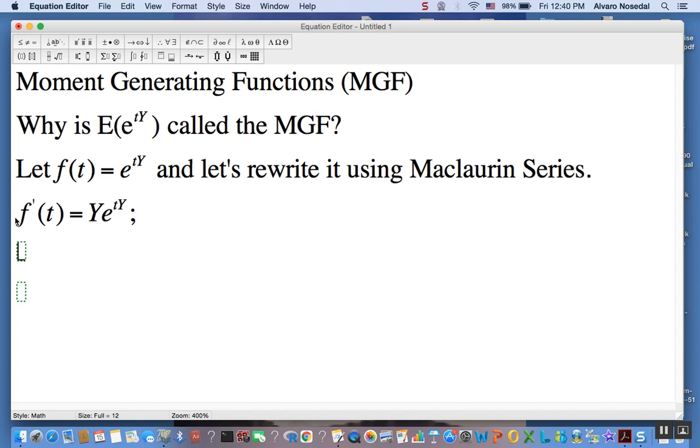Now let's find the second derivative. Second derivative, f double prime, would be this. y is just a constant with respect to t, so it's going to be the derivative of a constant times this function, but we know that the derivative of e to the ty is y times e to the ty.